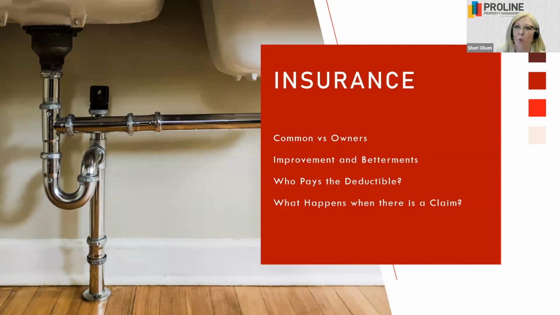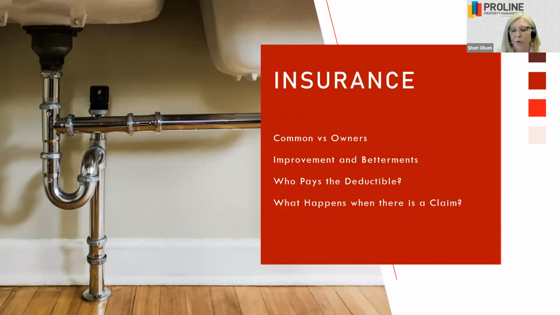And if it were a common area issue, so if it was a common pipe that had burst and caused enough damage that it warranted making a claim on your insurance, and that is dependent on the amount of your deductible, which varies from strata to strata, the deductible would be paid usually as an emergency expense from your contingency fund.